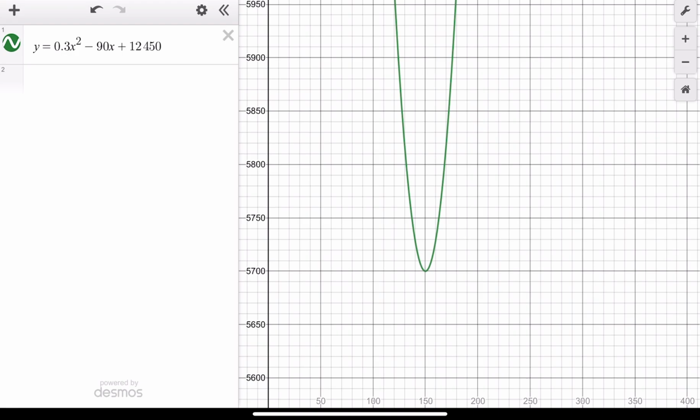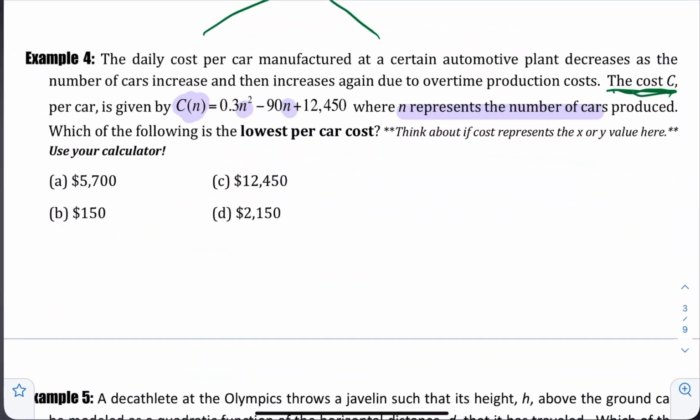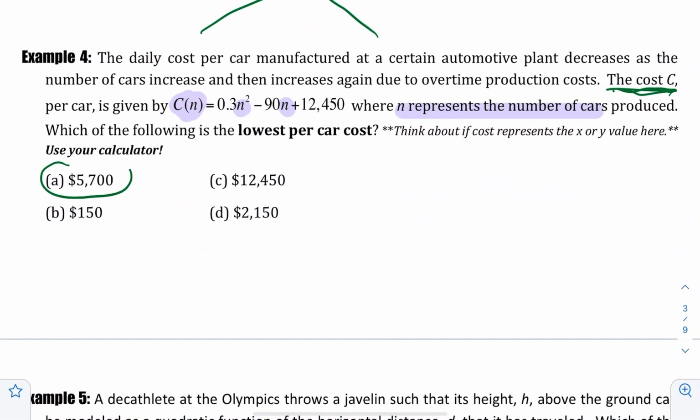So I'm going to click on the vertex, and it looks like with an input of 150, my lowest output, or my lowest cost, is 5,700. So if I'm making 150 cars, the cost per car is 5,700, and that would be the minimum, or the lowest cost. Again, 12,450 is the y-intercept.